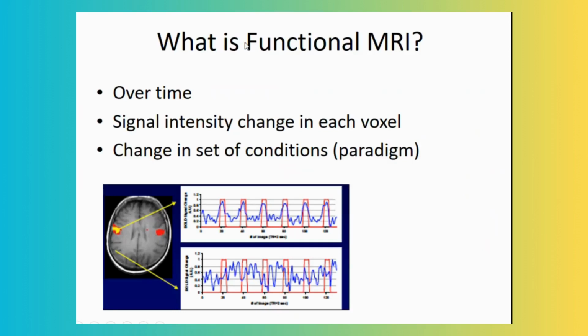So, the technique: it is basically over-time imaging by echoplanar imaging, in which the signal intensity changes in each voxel. We are looking at a very small voxel, and we look at the change with paradigms and conditions. Sometimes we ask the patient to move the finger or move the lips, just to see how that particular area of the brain behaves on BOLD imaging.